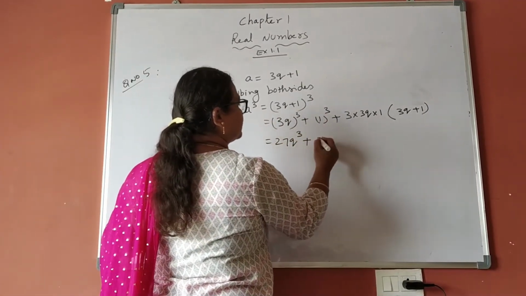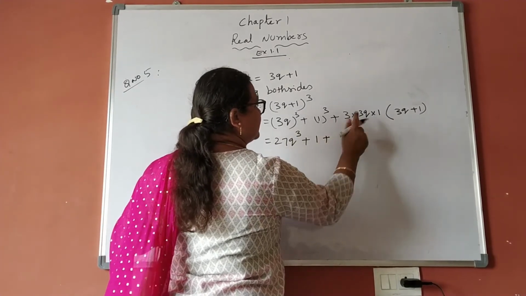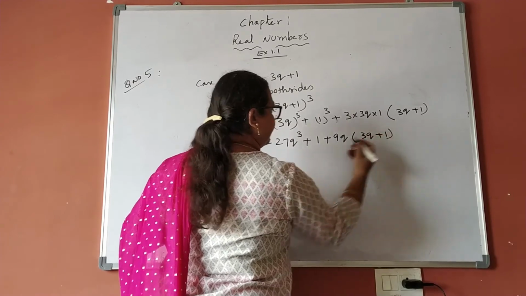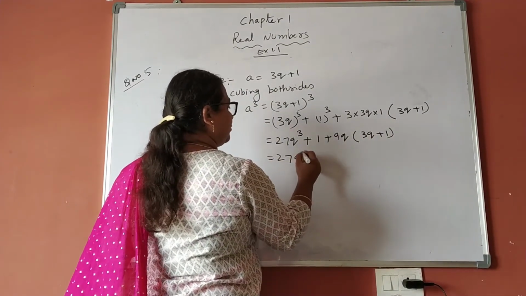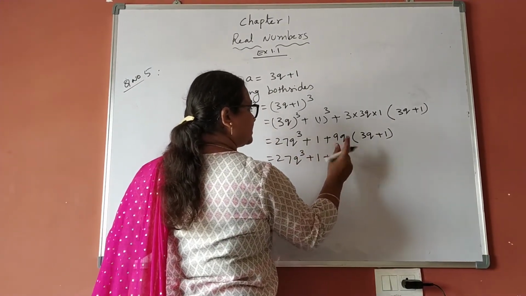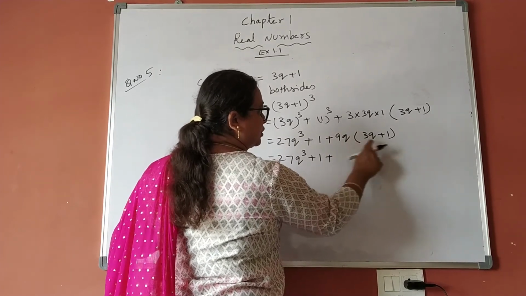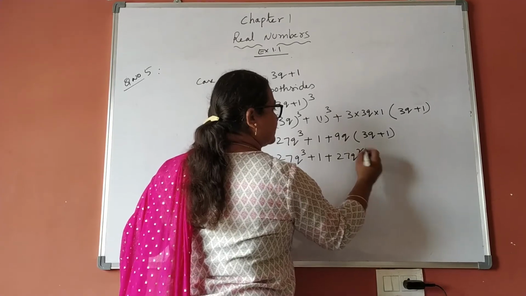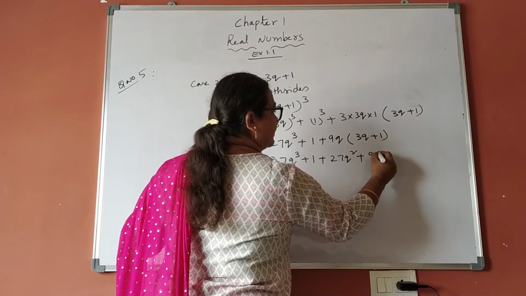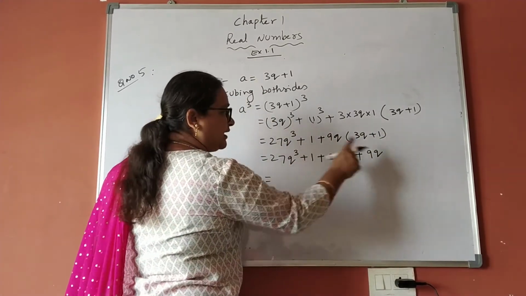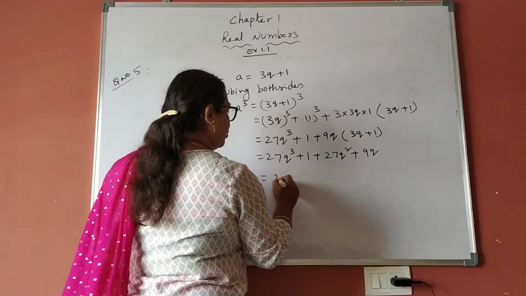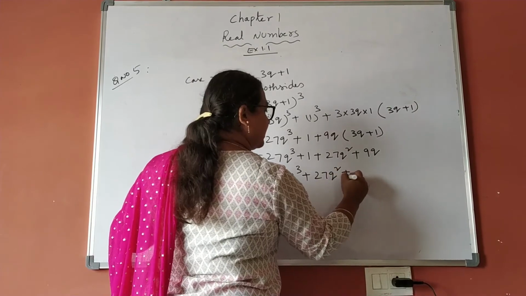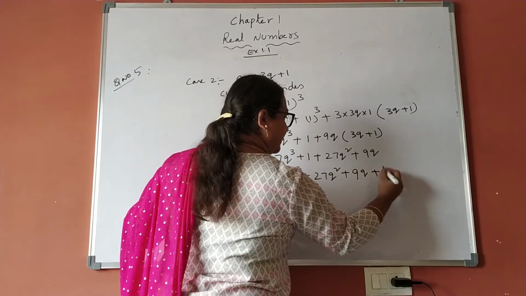27q cube plus 1 plus 3 3s are 9q into 3q plus 1. 27q cube plus 1 plus, open the brackets, children, 9q into 3q, 27q square, plus 9q into 1, 9q. We will write in order now: 27q cube plus 27q square plus 9q plus 1.